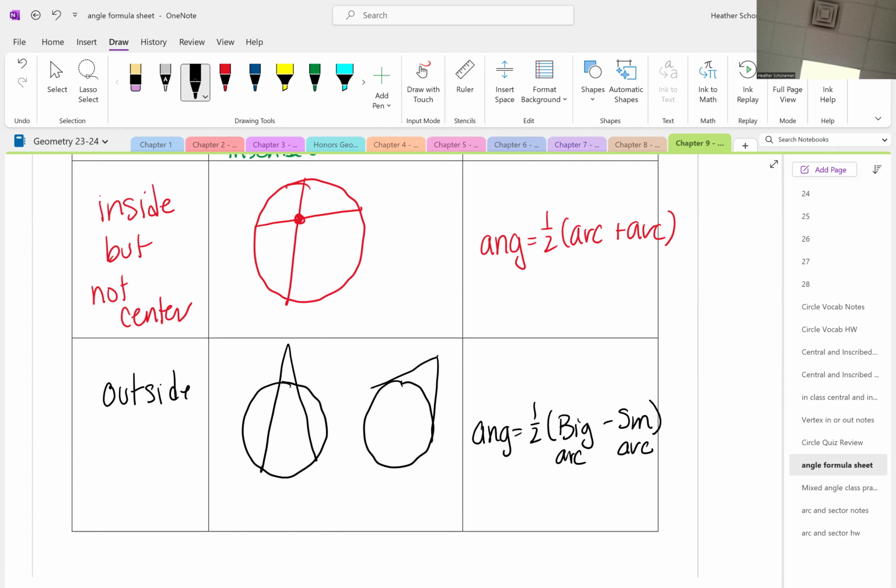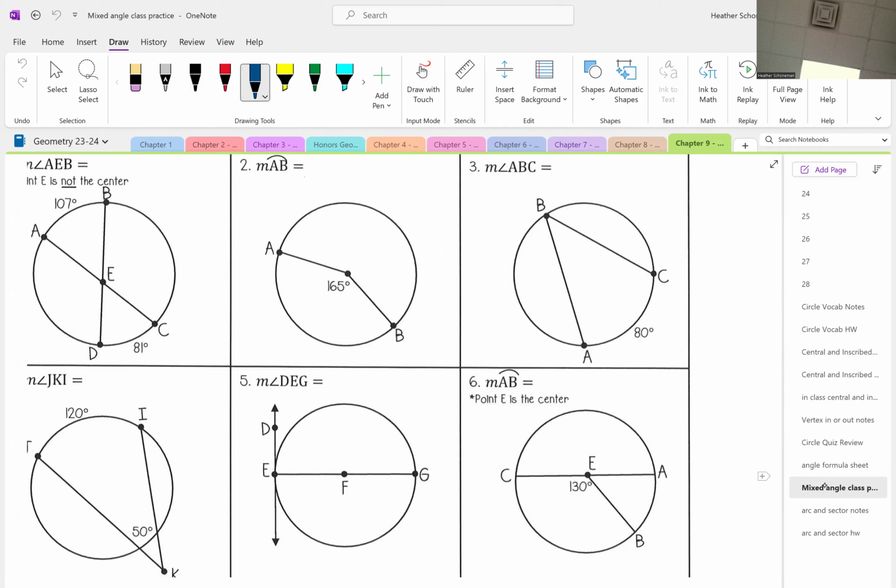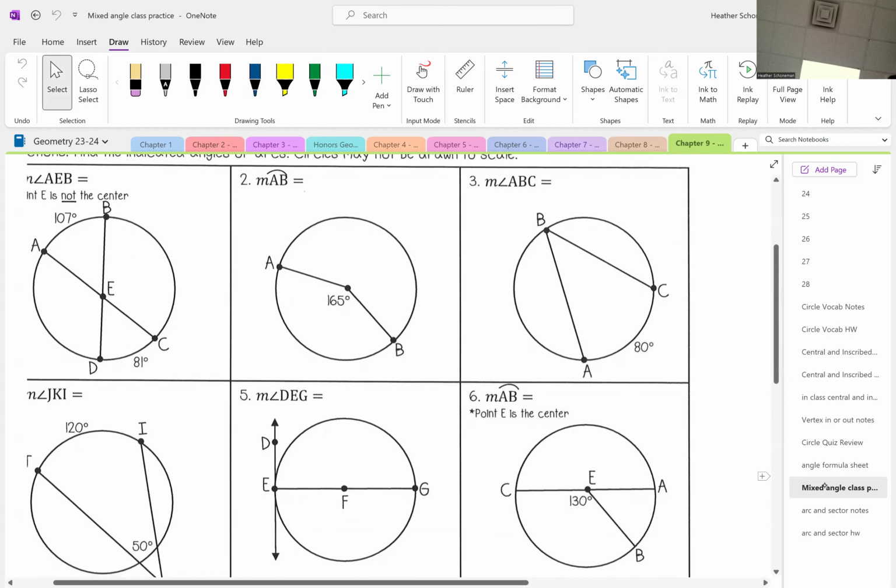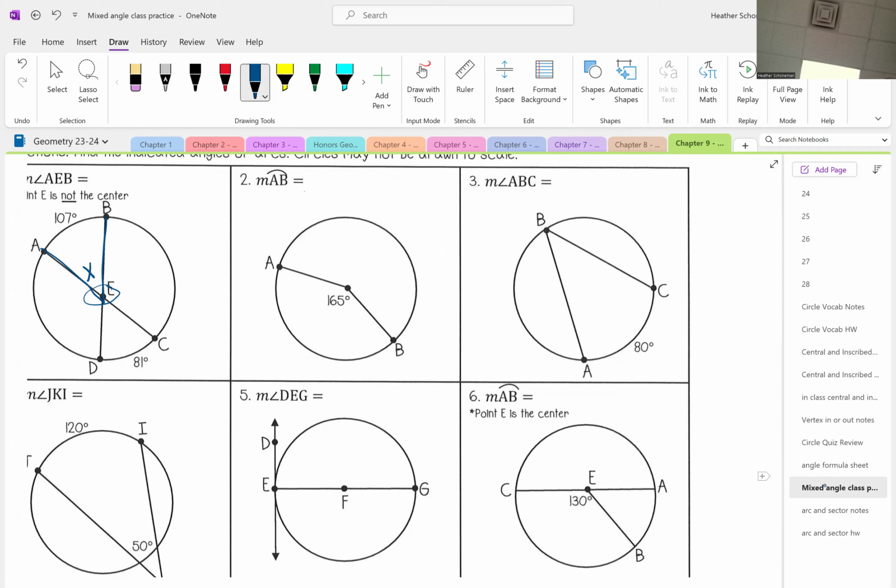So now that we've got the formulas reviewed, let's do some problems where it's all mixed up and see what we need to do. So let's look at number 1. It tells you it's not the center, and we want to find AEB. Well, AEB is this one, so I'm going to put my X there. And this time the vertex is right here inside the circle.